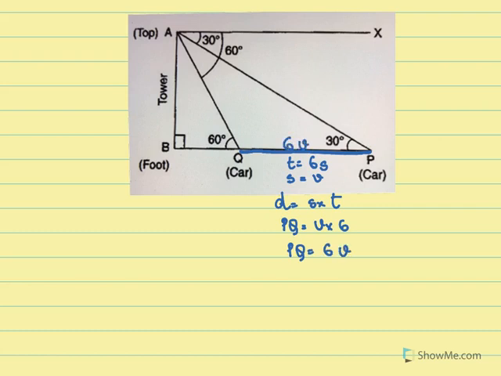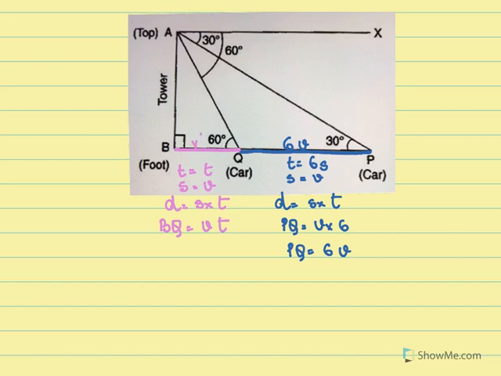So this is 6V. And then we have to look at BQ. We don't know the time here, so the time we take as T. The speed remains the same for the car, that is V. So the distance again is speed into time, and in this case BQ, the distance, is VT.